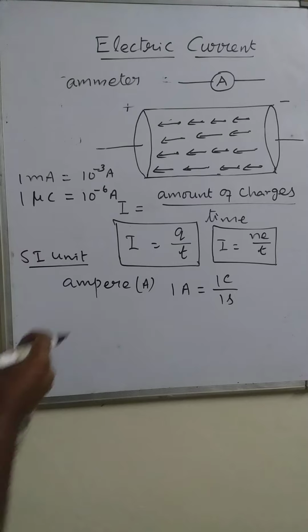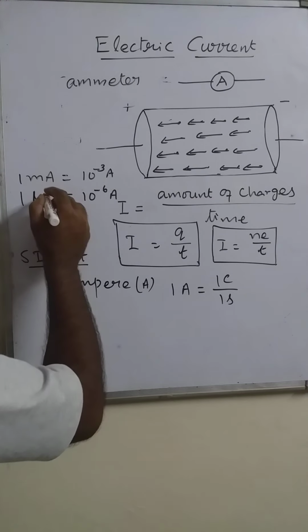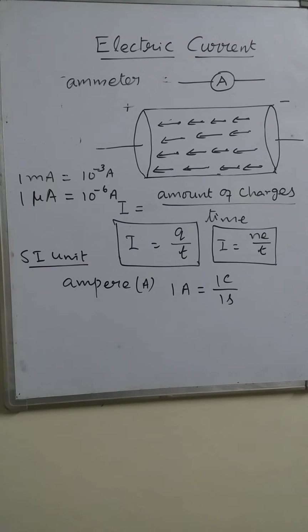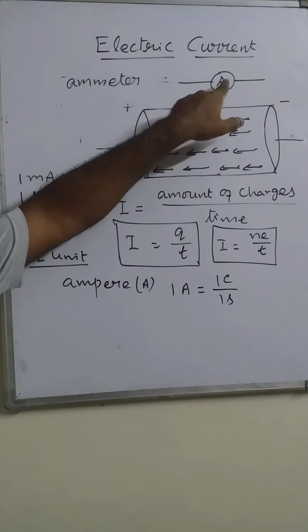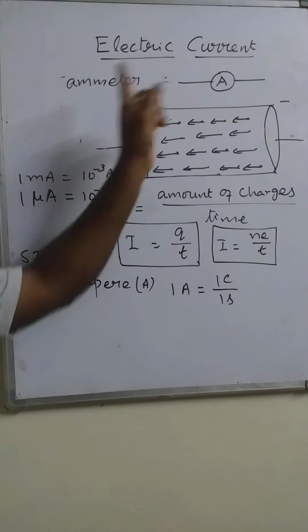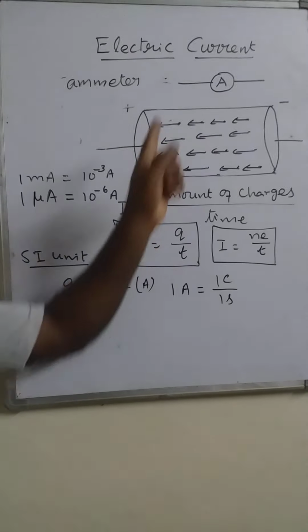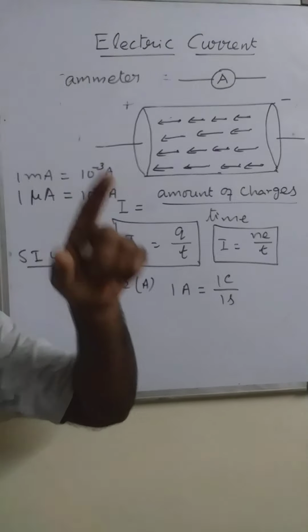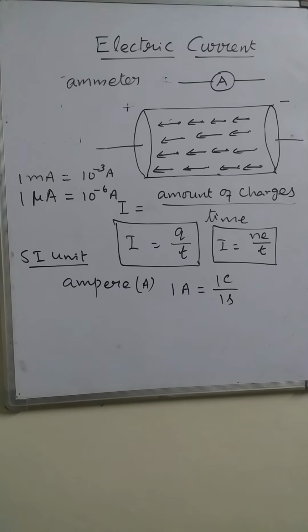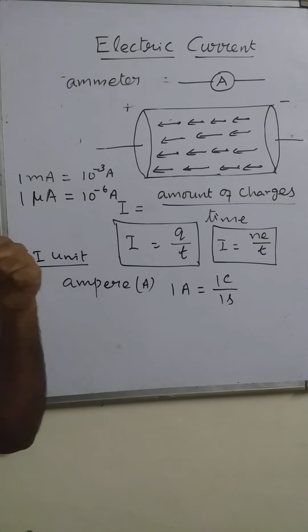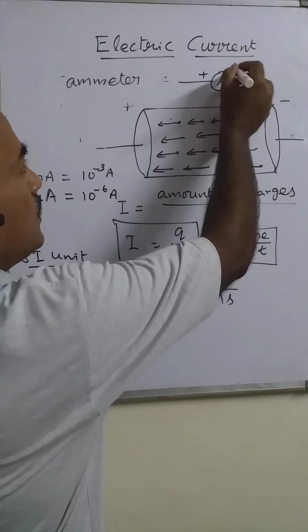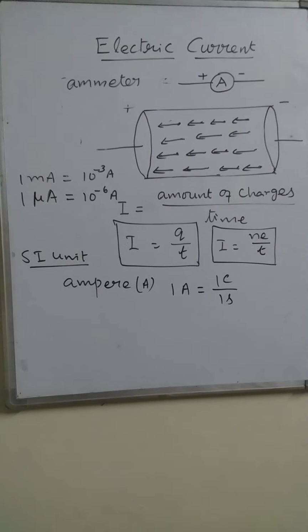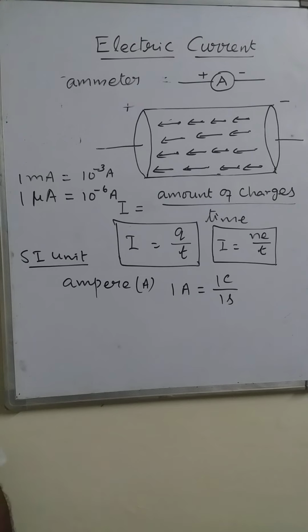Microammeter should have mu A written, and milliammeter mA. Now we are writing A, so it is an ammeter. It measures the current in ampere. And plus minus. This is the complete representation of the ammeter.